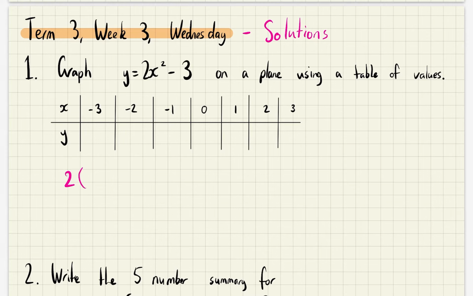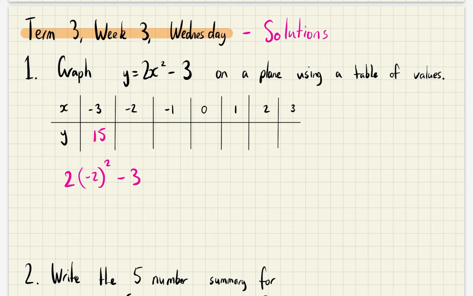So the first thing I'm going to do is use my calculator. I'm going to type in everything except I'll change the x to brackets, because otherwise the negatives are going to mess with us a little bit. So I'm going to have 2 bracket minus 3 squared minus 3. When I type that into the calculator, I get 15.